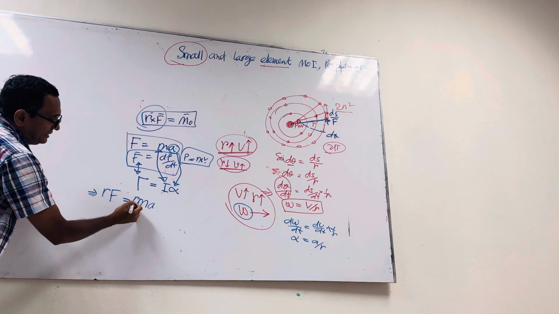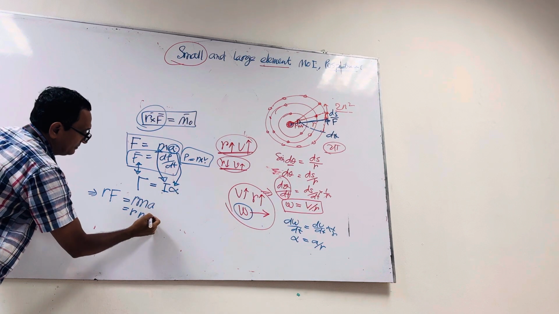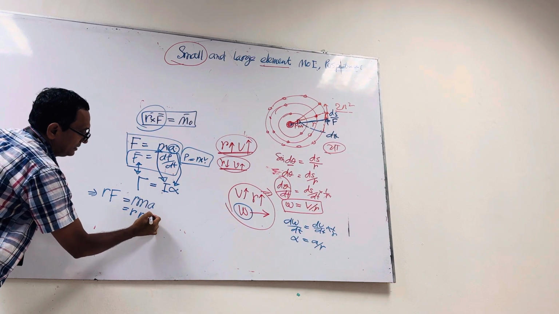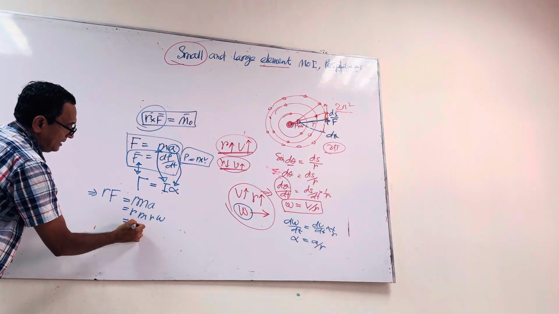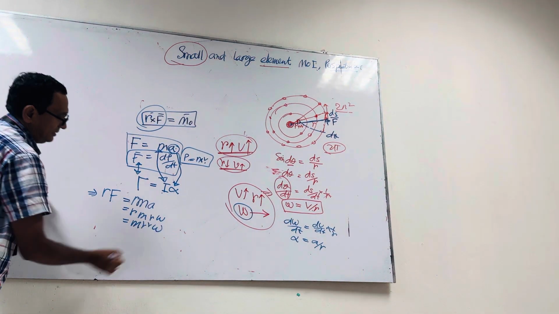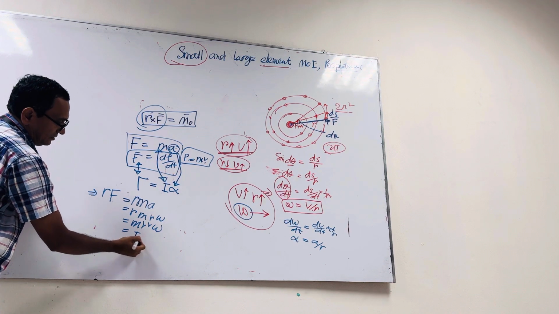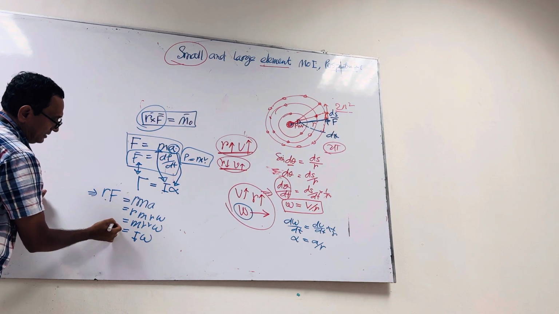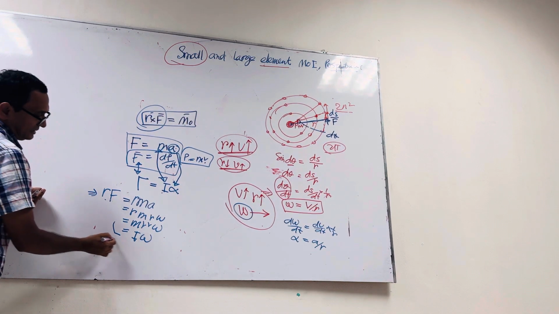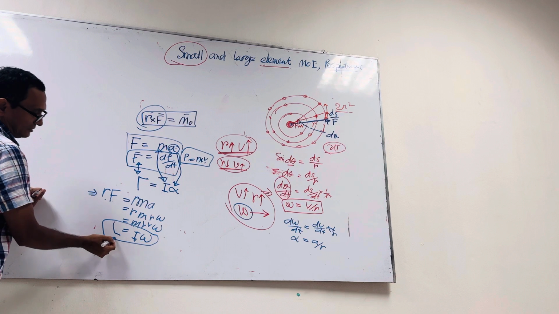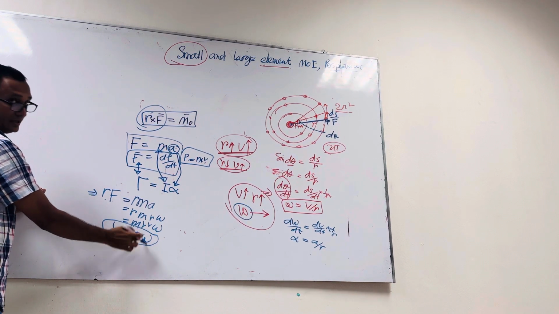So R, M and A is nothing but R omega. So this is actually M R square omega. M R square omega is actually I omega, and this is the angular momentum.